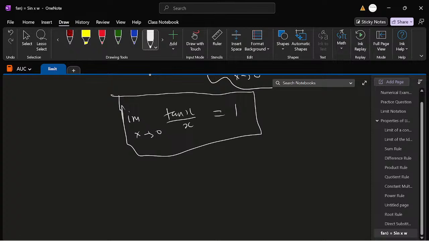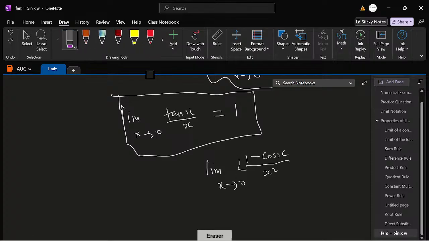And lastly, if you have the limit as x tends to 0, and the f of x is 1 minus cos x over x squared, let's say this is a whole identity.